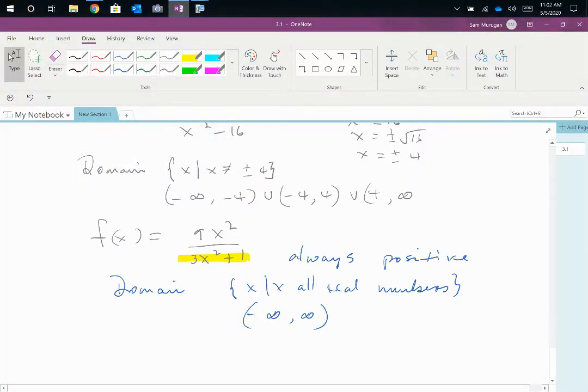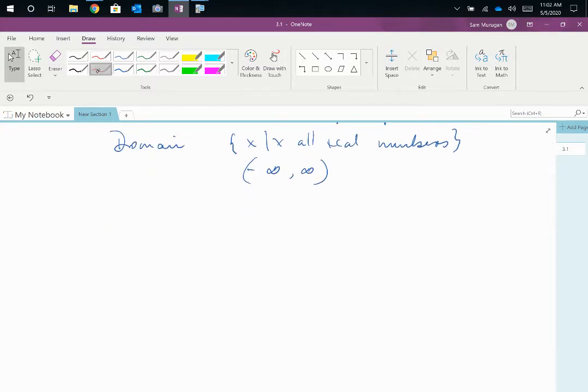So we also want to consider the square root function, which also has a domain that is not negative to positive infinities.